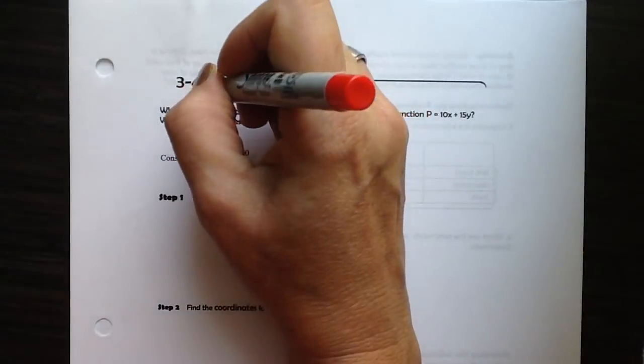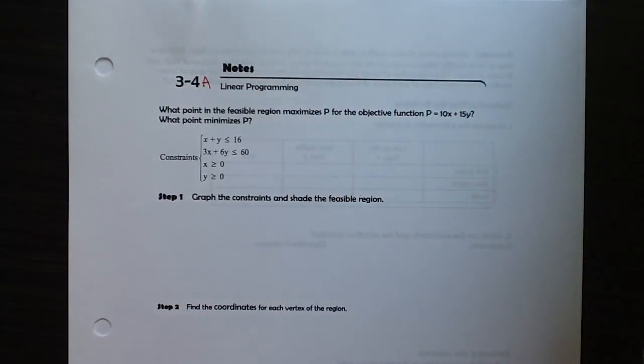3.4a, this is going to be part A, about linear programming. Linear programming is a topic that is probably new to you, and the foundation of it is that we'd be working with a situation in which there are limited resources, like maybe the materials we use to cook something or manufacture something.